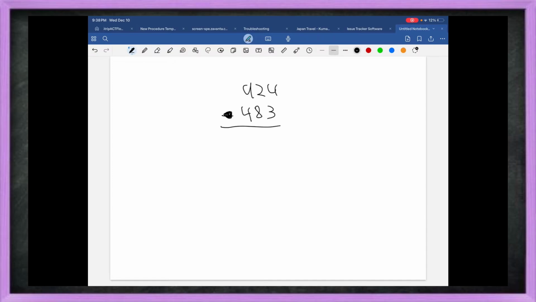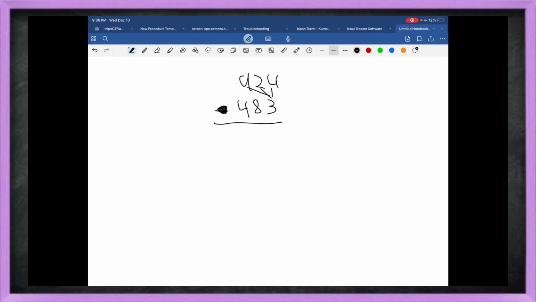This is going to take a long time because multiplication is distributive. We take the 4 times the 3, 2 times the 3, 9 times the 3. Then we do the 4 times the 8, 2 times the 8, 9 times the 8, and we go to 400 as well: 400 times 4, times 20, times 900.